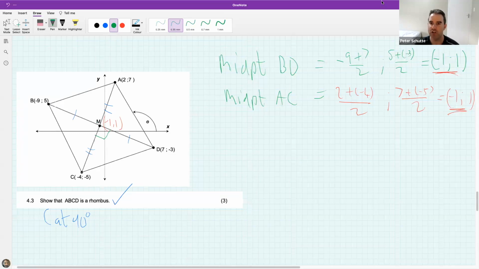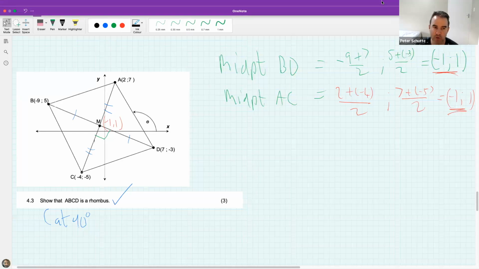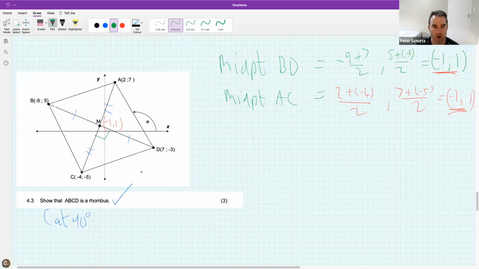What formula do you think I'm going to use to prove that these two diagonals are perpendicular to each other? What tool do you have in the toolkit? From earlier in the lesson, what can you remember? What formula do you think I'm going to use?